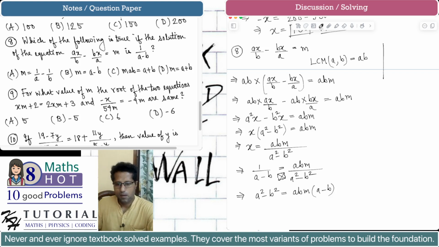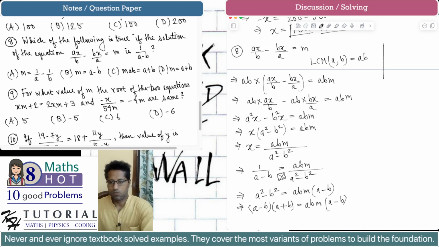Now, the choices given are all some relation between m, a and b. The LHS, a square minus b square, can be written as a minus b multiplied by a plus b, which is equal to abm and a minus b.